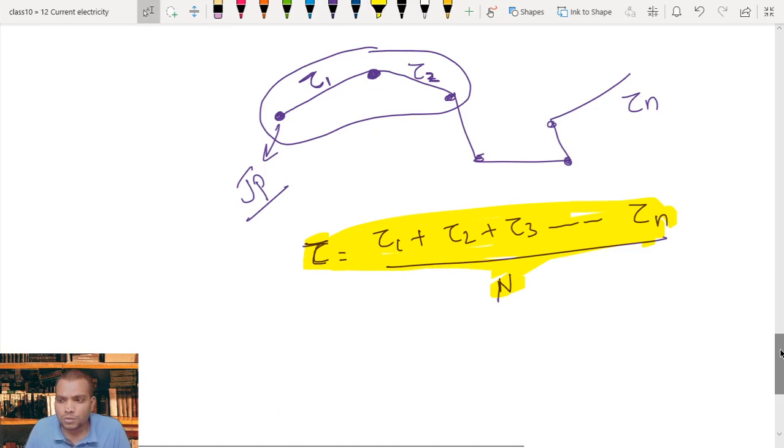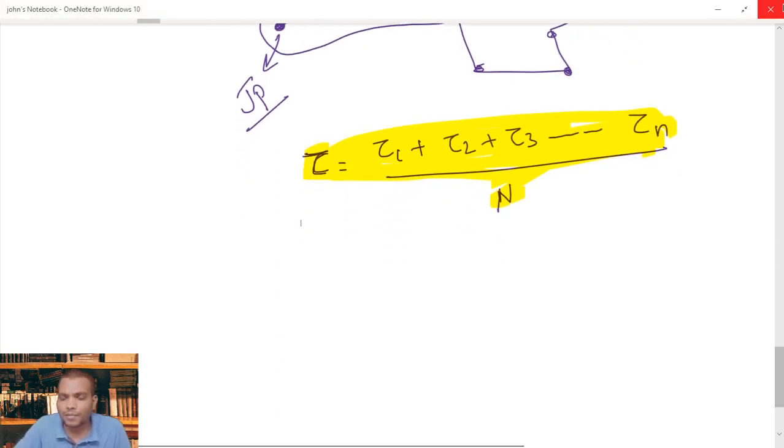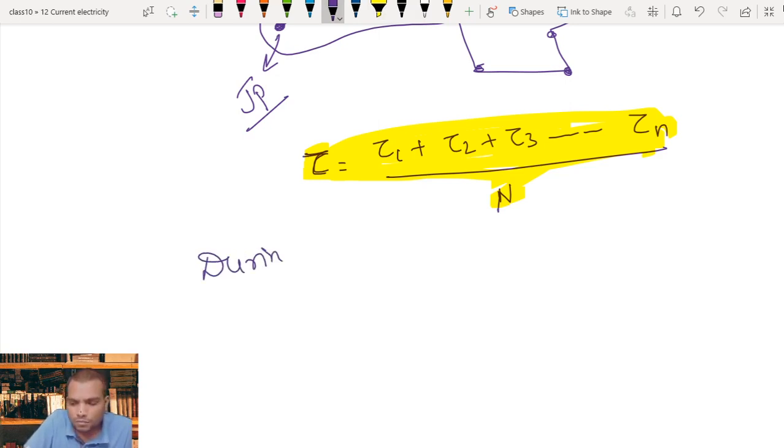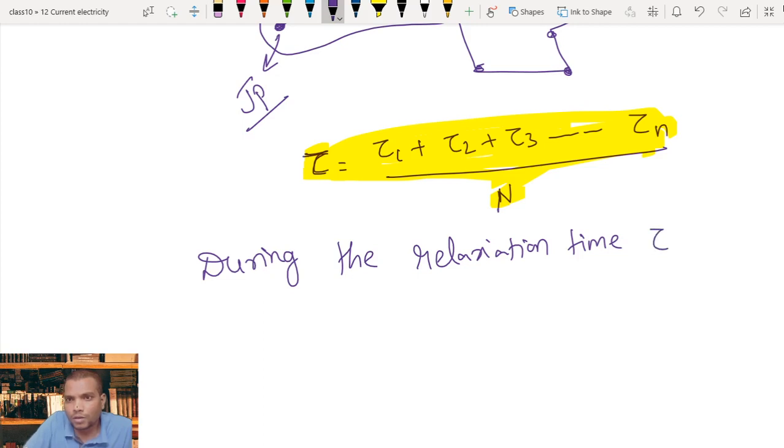Now during the relaxation time, what happens? The electron gains velocity, and that velocity we need to find out. During the relaxation time tau, the electron gains the velocity.